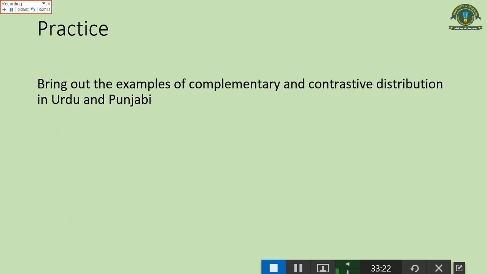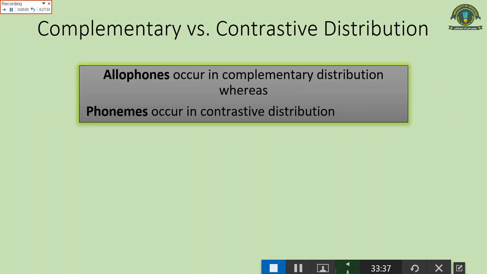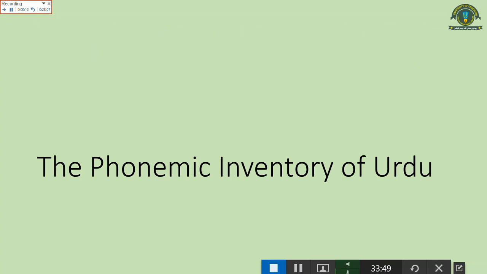Now you should try to bring out some more examples of complementary distribution from Urdu and Punjabi language. It is just a sort of recapitulation that allophones occur in complementary distribution, whereas phonemes occur in contrastive distribution.